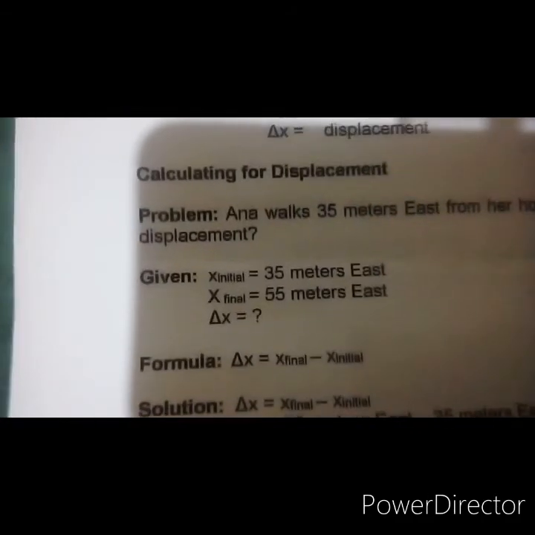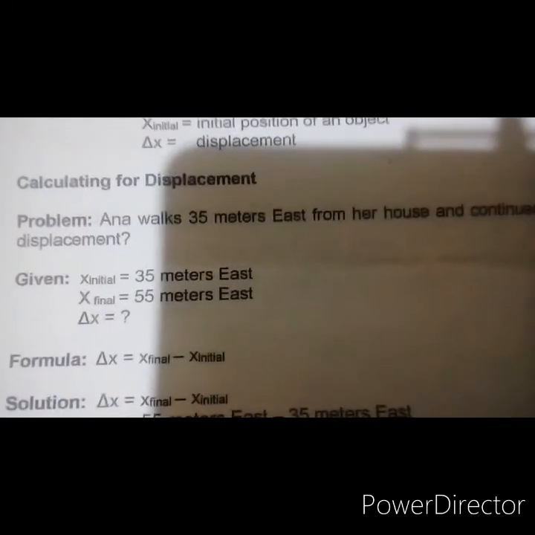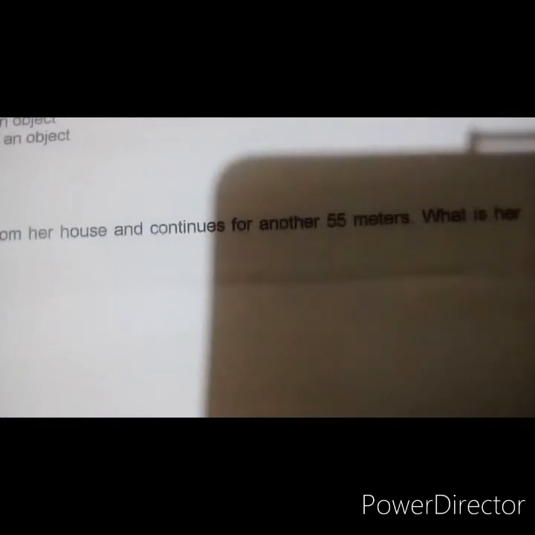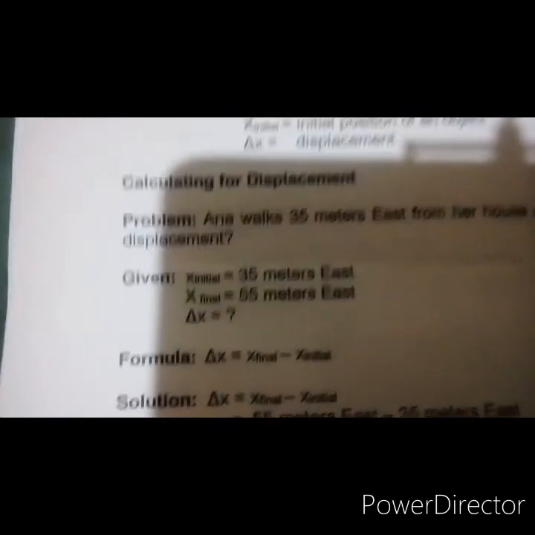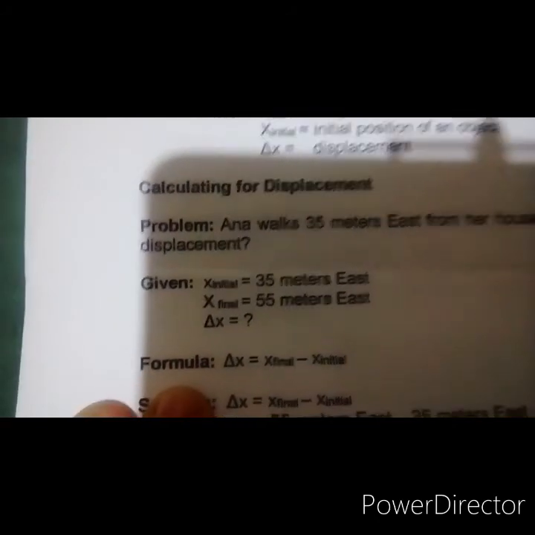So for example, we have Anna walks 35 meters east from her house and continues for another 55 meters. What is her displacement? So take note, in answering a problem like this, you're going to write the given.